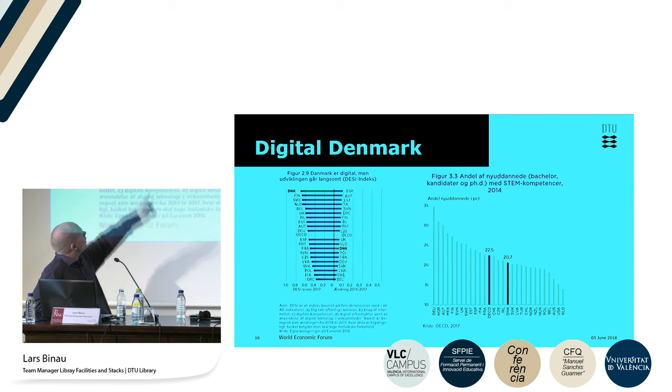And right here on the left, you can see from a report from World Economic Forum that Denmark is actually in front when we talk about the digital development. You can see that on the left.